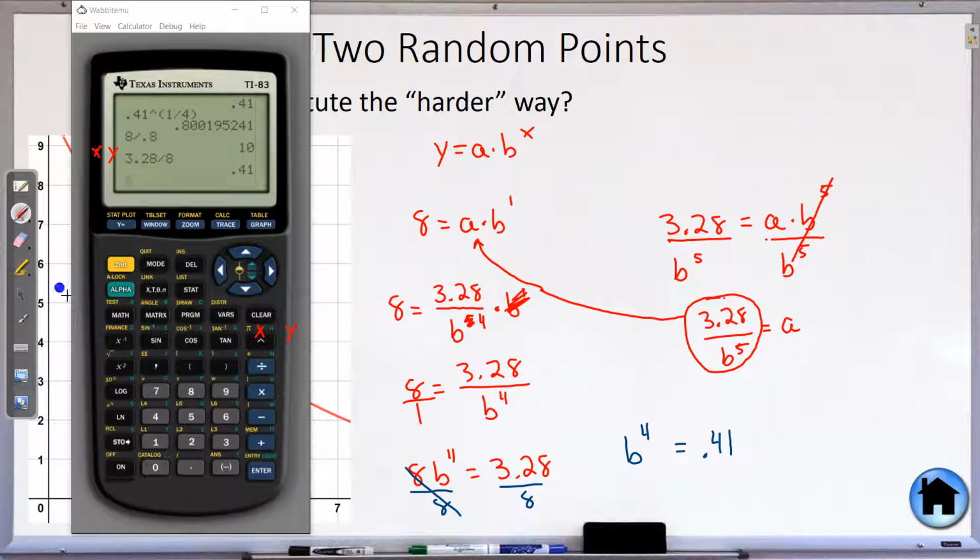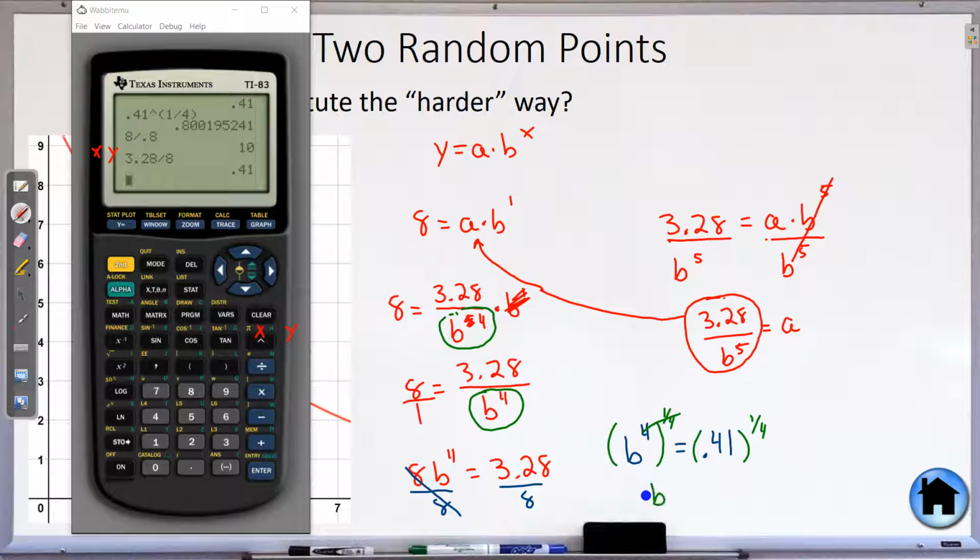And then we've got to do that to the 1/4 power. So to get rid of the fourth power, you raise it to the 1/4. And hopefully all of this is now looking fairly familiar. Nothing else has changed from here on out. It's mostly the fact that your b stays on the bottom here. That's really the new thing that can sometimes throw people off.